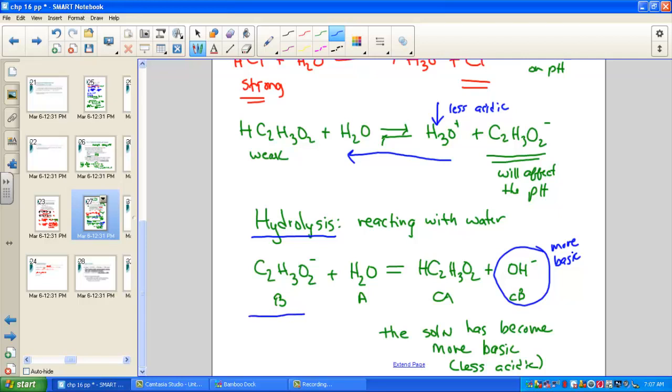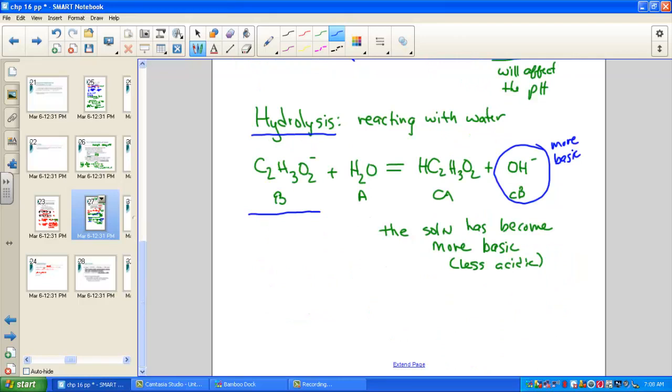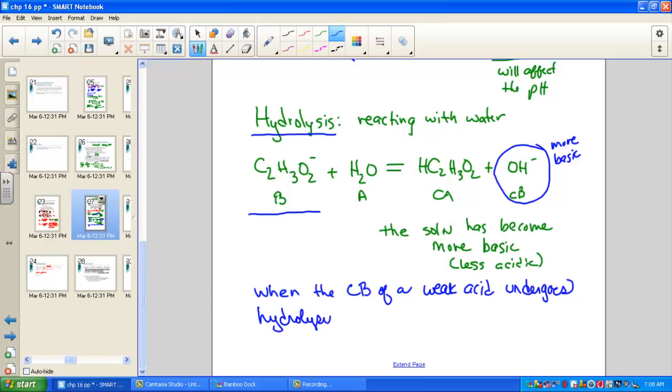When the conjugate base of a weak acid undergoes hydrolysis, the solution becomes more basic.